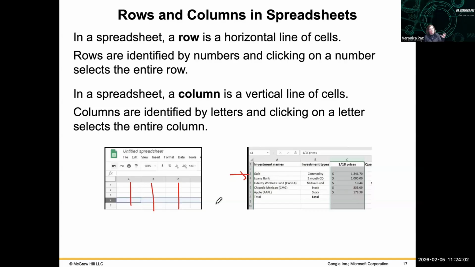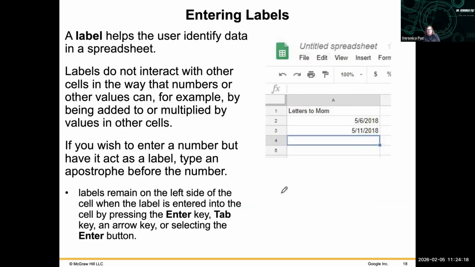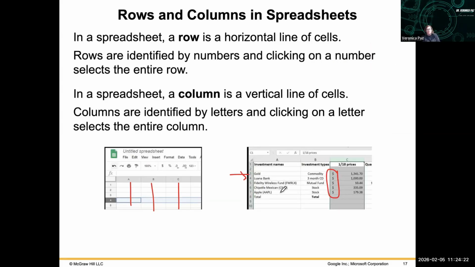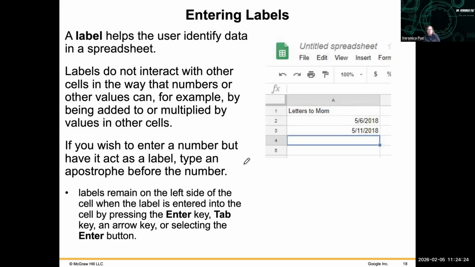And again, think of this as a relational database. We're trying to put information in here. So here we see investment names, we see the investment type, we see the prices as of a certain date, we see the dollar signs we can program. In Excel, we just click a button and it'll automatically add those dollar signs for us. So that's all great. Then you can enter labels into your spreadsheet, which is what I highly recommend.